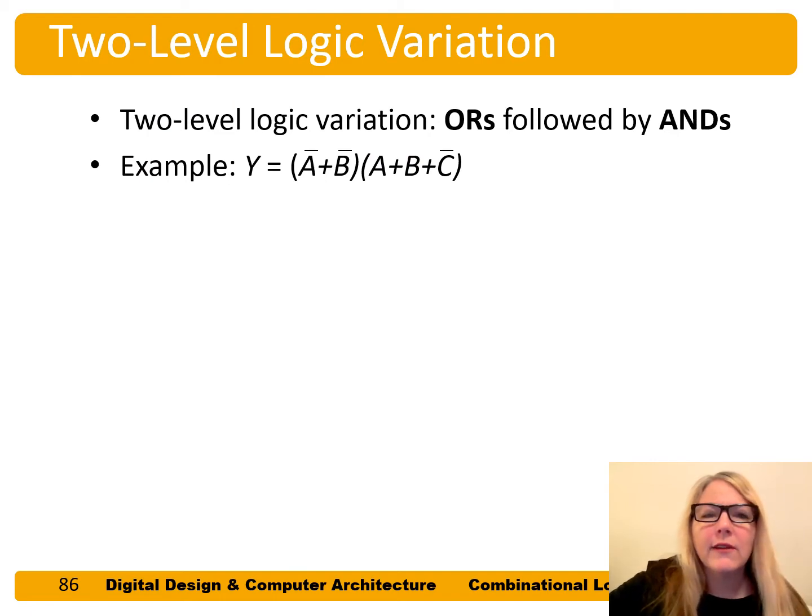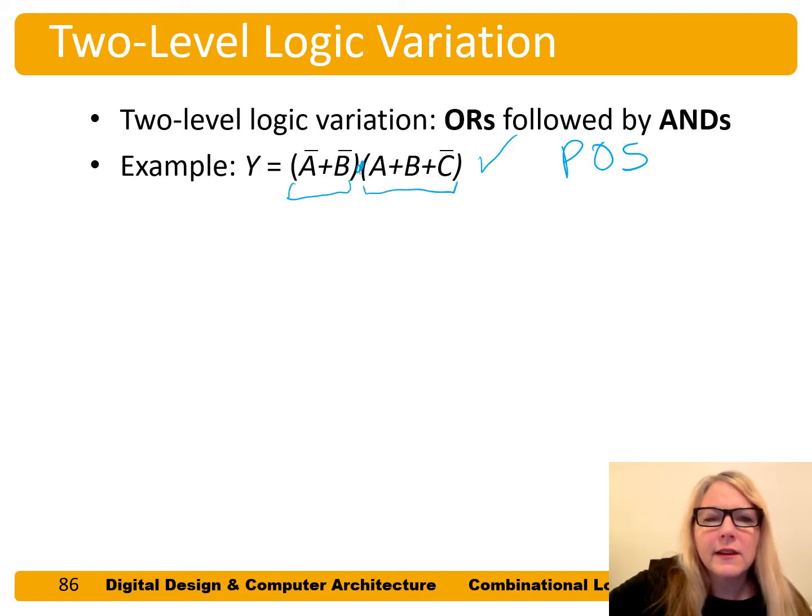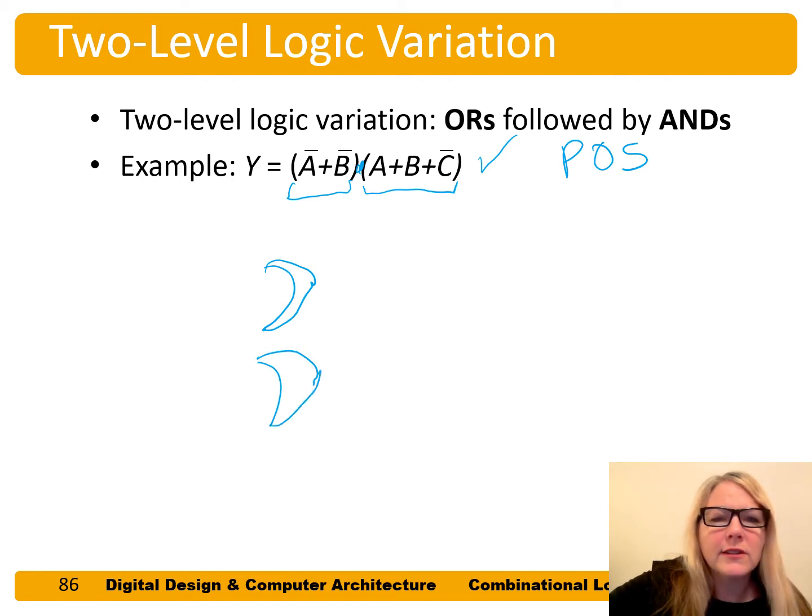So let's suppose we have this two-level logic function. This is now a POS form of the equation, product of sums. So we have a product of these sums. And so now we'd want to use ORs followed by ANDs. So here's our OR gate level to produce the sums of those OR expressions.